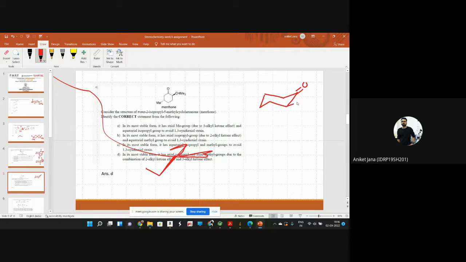We are placing this. What form is this, di-equatorial or di-axial?